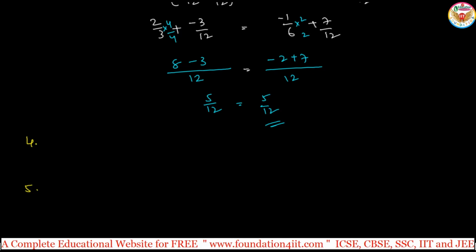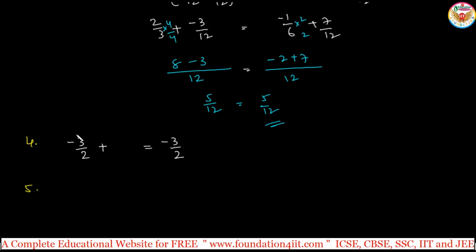So if you add to any number, for example minus 3 by 2, which is a rational number, what number should we add so that we get the same number? The additive identity is the number that, when added to any rational number, gives the same rational number. For example, what number if you add to this will give the same, that means minus 3 by 2?